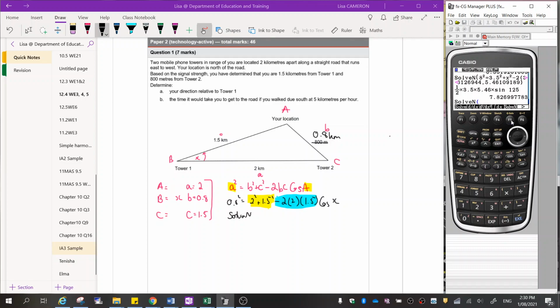Option, Calc, SolveN, 0.8 squared is equal to 2 squared plus 1.5 squared minus 2 times 2 times 1.5 times cos x, comma x. Remember, it's important to tell the calculator what you're solving for. Most of the time it won't have any effect, but sometimes it will.